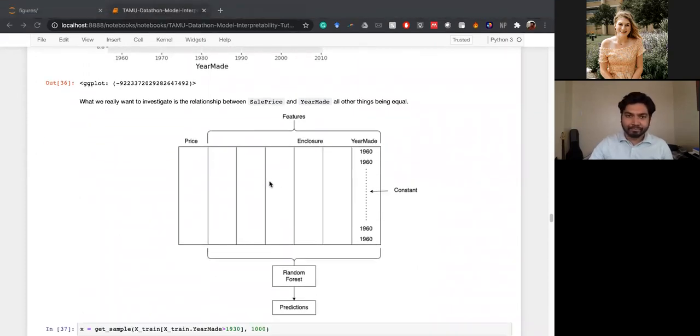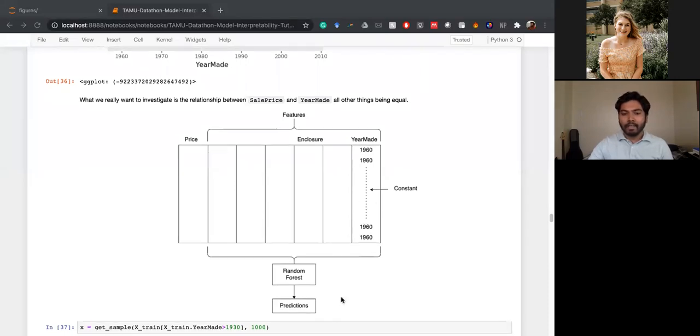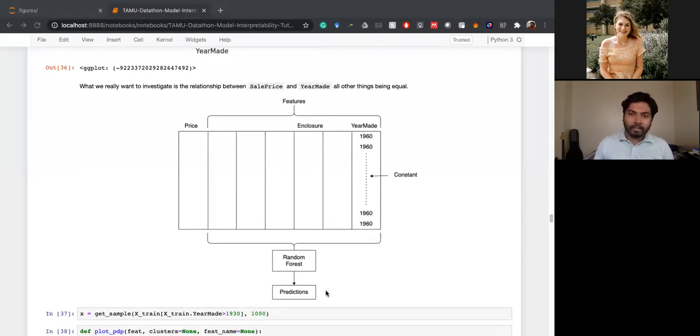This is very similar to how we did the feature importance plots. Basically, for the year made column, we set the year as constant. In this case, I set the year to be 1960 for all the rows in my data set, and then see what prediction I'm getting.